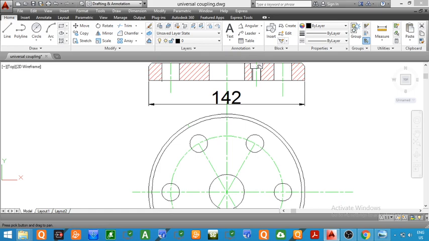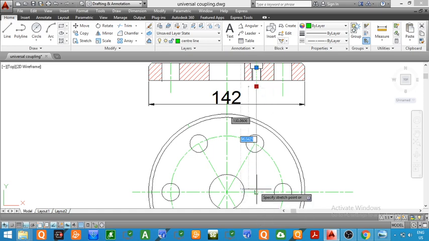Now the actual diameter of this hole in the question was given as 22, but we have taken a reduced scale, so we have taken a diameter as 11 mm. So now we will draw in the top view a circle of diameter 11 mm. Before that, we have to extend the center line in the top view. So now I am extending the center line. So this will be the center of the hole in the top view.